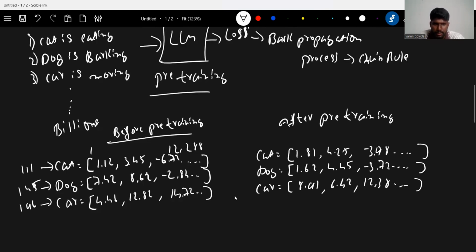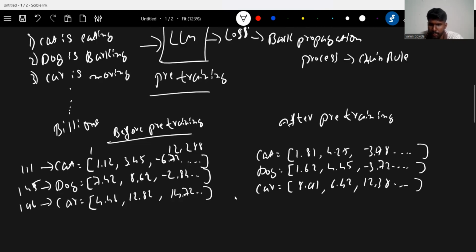If you notice, the dimensions for cat and dog had some distance before, right? These did not look similar because these numbers were not near each other. But after pre-training, this 1.81 is somewhat near to 1.62.